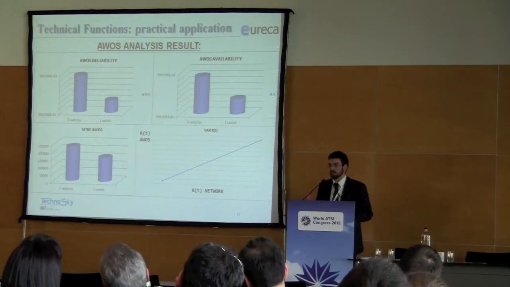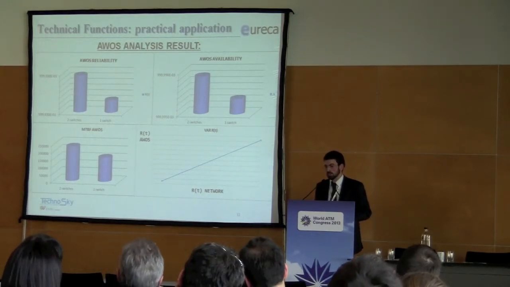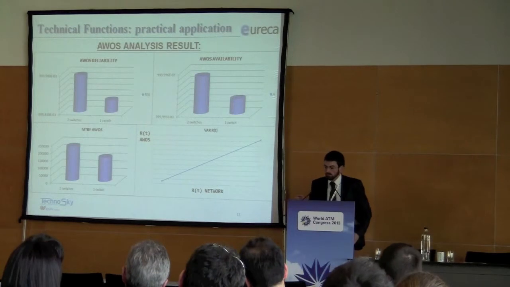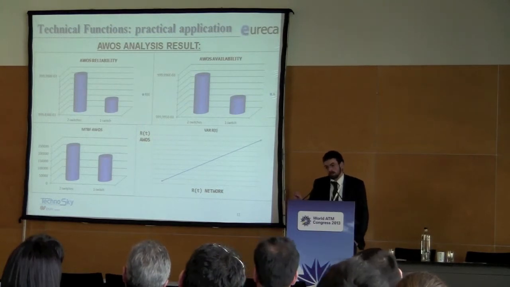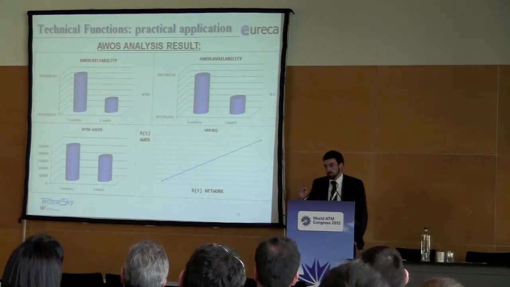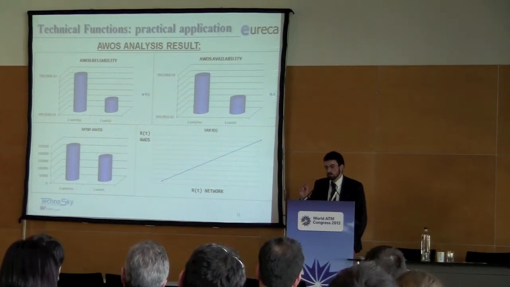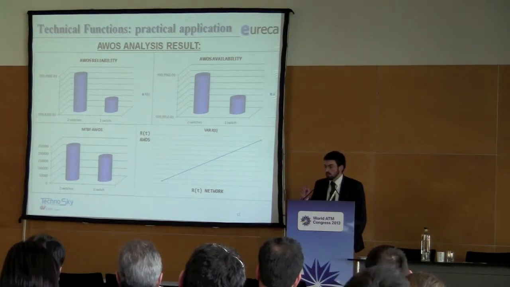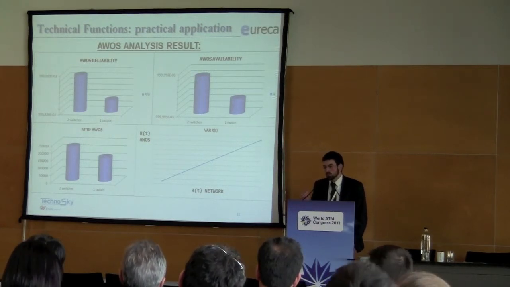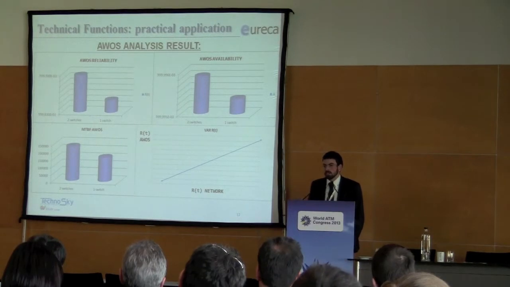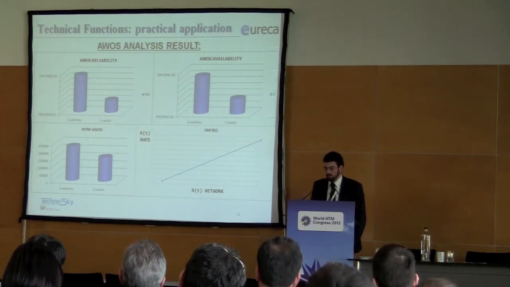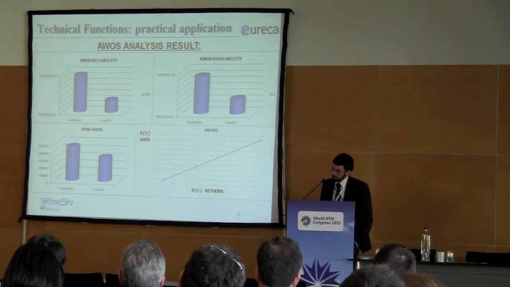We can perform the RAM analysis on the functional tree, and these are two calculations. As you can see, the system reliability in case of two switches is greater than in case of one switch. The same we can say for the availability and the MTBF.